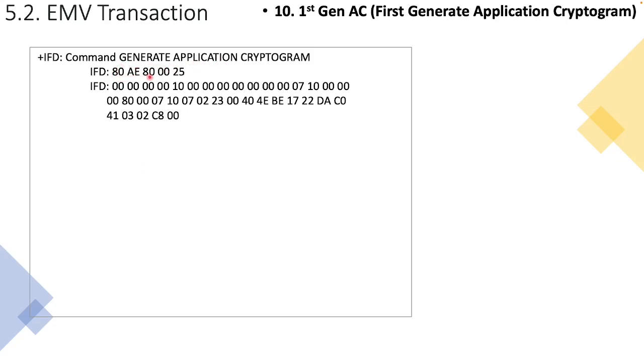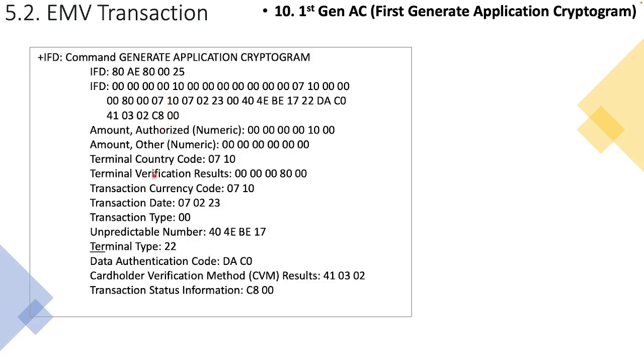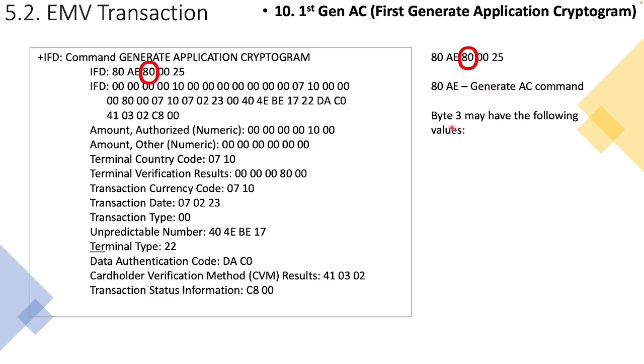The terminal passes this to the card, and if you look at it, here's what it's passing through to the card. So 80 AE 800025. If you break that up, 80 AE is a generate AC command, and then byte 3 is the actual request, right? And so byte 3 may have the following values. If the terminal was requesting an AAC, a decline, this value would be 00 or 10.